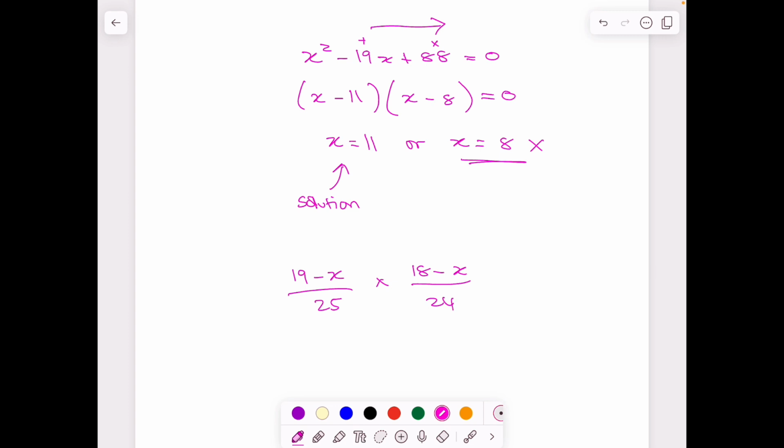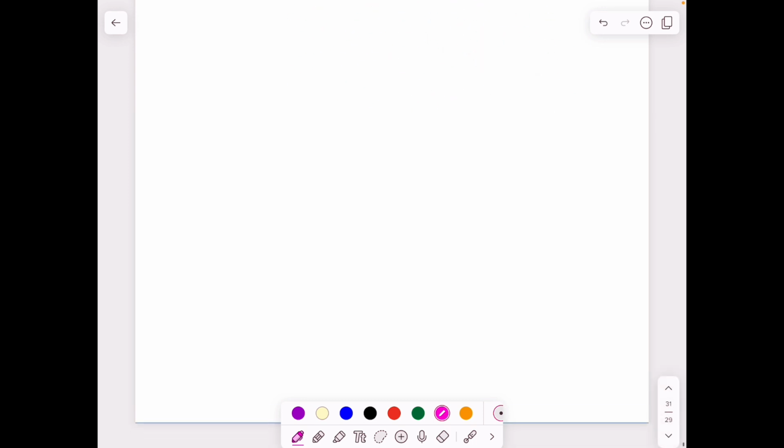Now I know x is 11, so 19 take away 11 is 8 over 25, multiplied by 18 take away 11 is 7 over 24, which gives me 56 over 600, which simplifies to 7 over 75, and that's the final answer. And thankfully, the end of the paper.